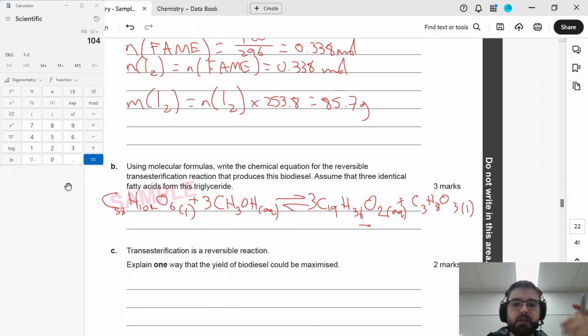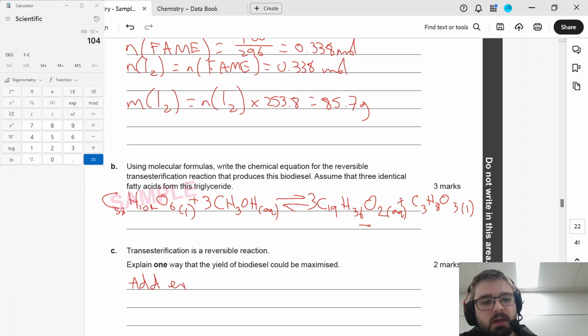Explain one way that the yield of biodiesel could be maximized. 2 marks. So a bunch of different ways you could do this. Add excess methanol might be one.